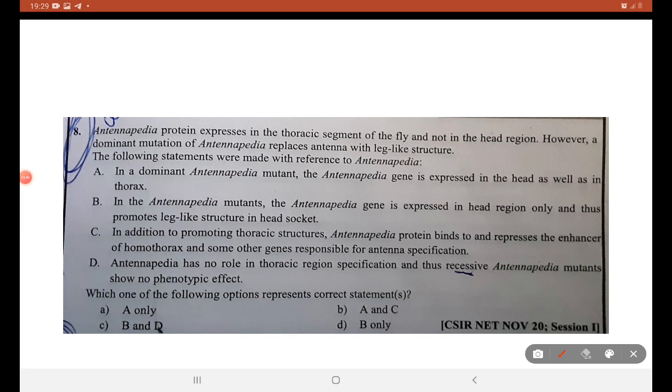In the dominant Antennapedia mutant, the Antennapedia gene is expressed in head as well as in thorax. Antennapedia inhibits antenna development in the head.